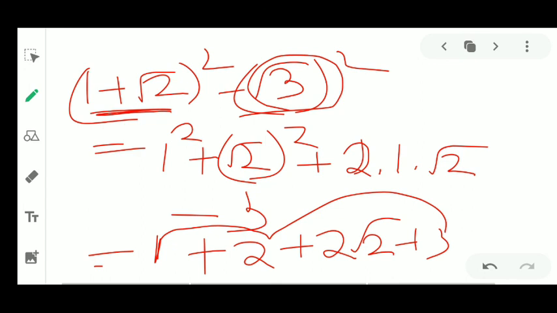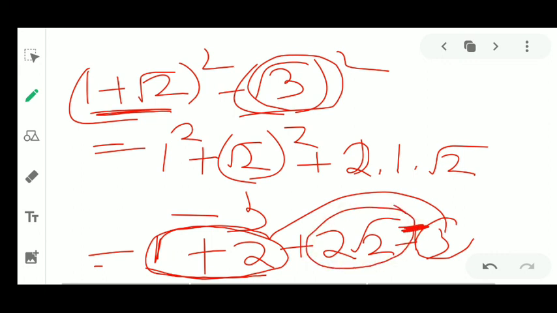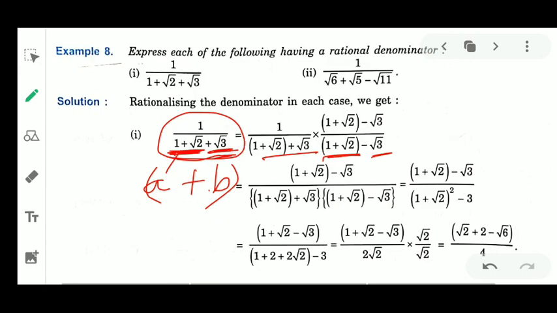No, here we have minus 3. Sorry, here we have minus 3. So 1 plus 2 is 3 and 3 minus 3 will be 0. So we have 2 plus root 2 in the denominator. As you can see, 2 plus root 2 is the denominator.